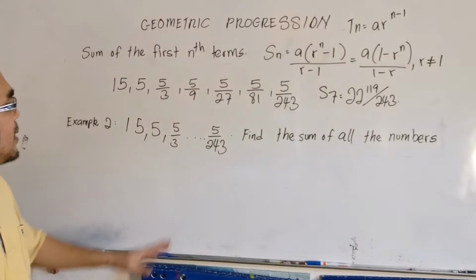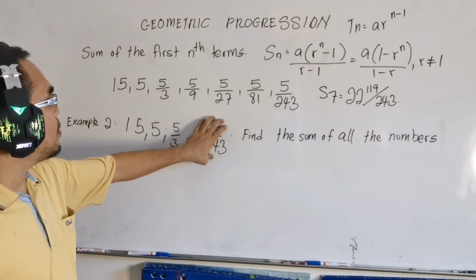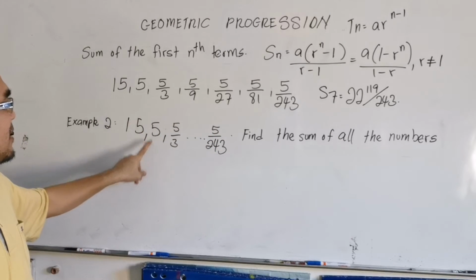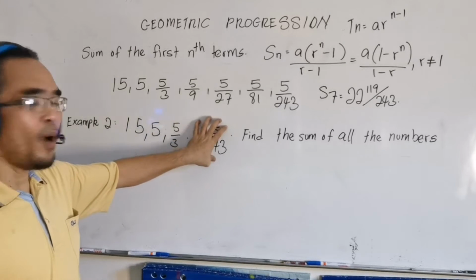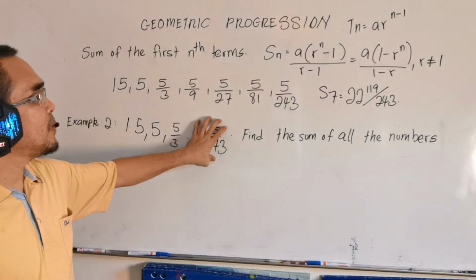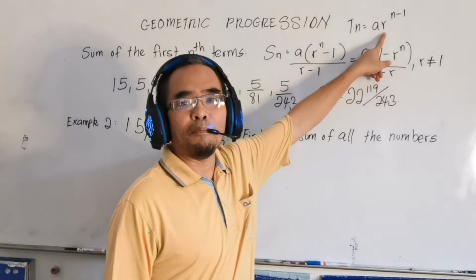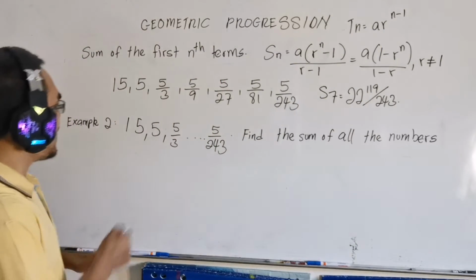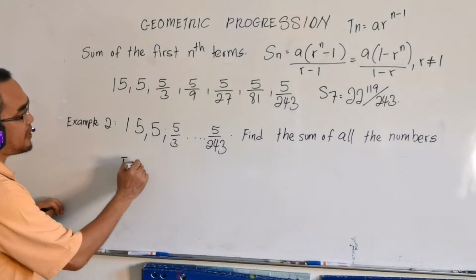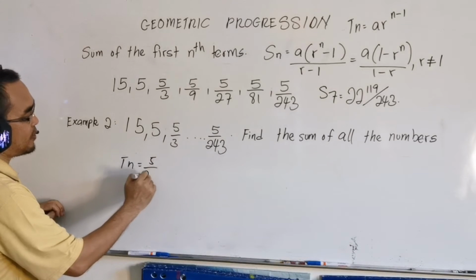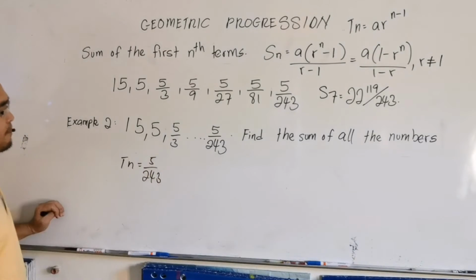So what we do is find the position of this number using Tn = ar^(n-1). So we say Tn equals 5/243.